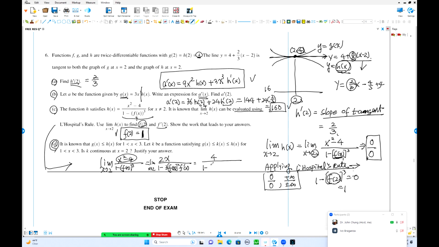Put this number 1 minus 3 times f of 2 squared and f prime of 2. Are you okay with this? So what is f of 2? You already got 1 there, okay? That is 1. Oh, wait, never mind, sorry. So this is 4 over 1 minus 3 times f prime of 2, isn't it?